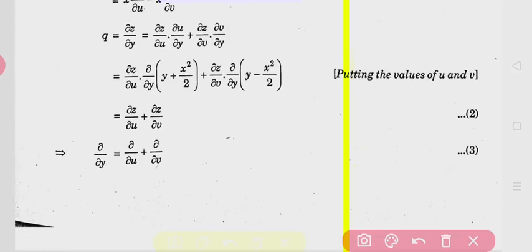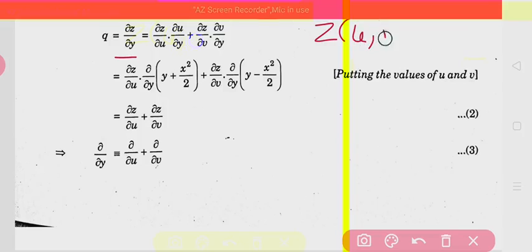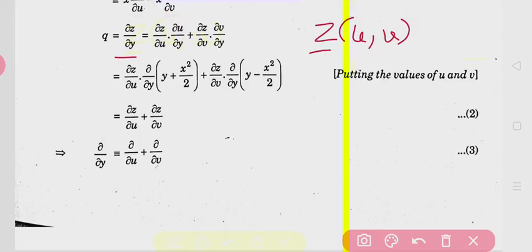Okay. So similarly now we find the value for q. When you find the value for q, that will be ∂z/∂y, but z is a function of u and v. So firstly, the partial derivative of z with respect to u into the partial derivative of u with respect to y, plus z with respect to v into v with respect to y. So you take these partial derivatives.